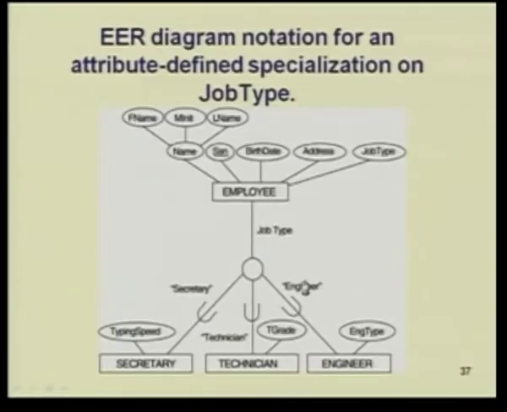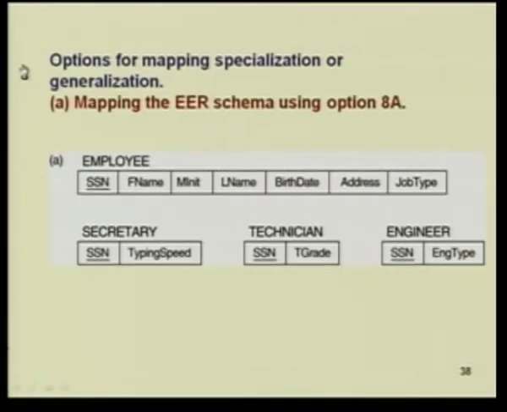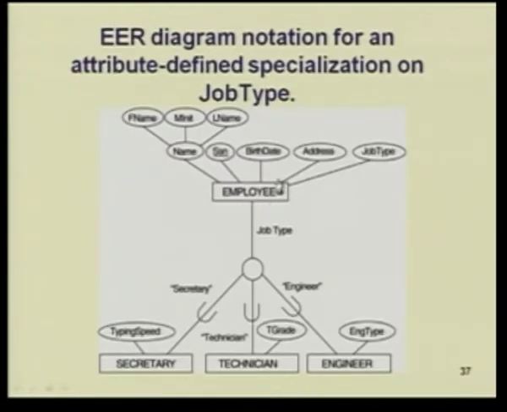So, here you have the ER diagram. This is the employee, and an employee can be a secretary, a technician or an engineer. Now you map it according to option A. You must have a relation for employee along with all its attributes, and SSN is the primary key, and for secretary you will have a separate relation, technician a separate relation, and engineer a separate relation.